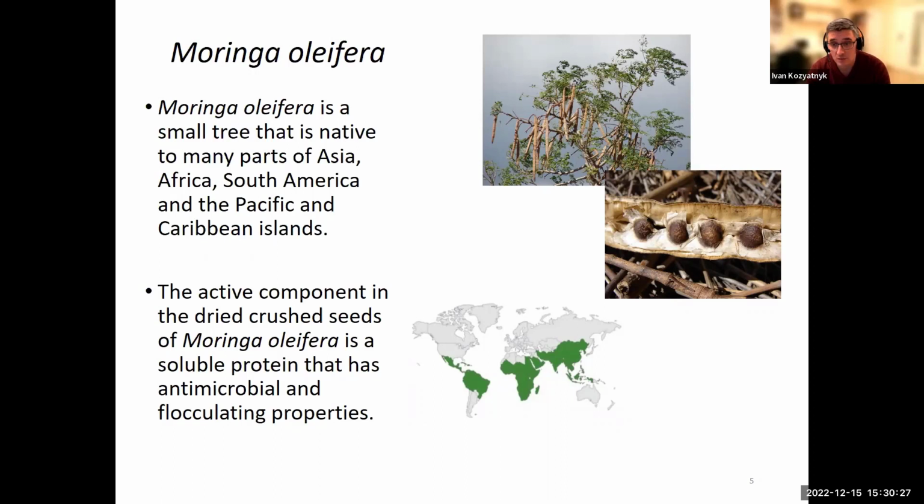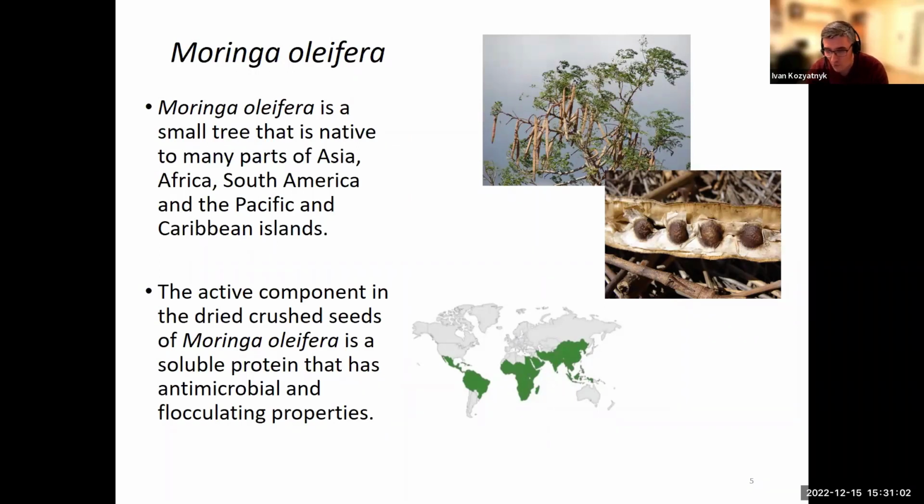And one source for this method is the tropical tree Moringa oleifera. It's a small tree that is native to many parts of Asia, Africa, South America, and the Pacific and Caribbean islands, basically the global South. I would like to tell a bit more about this tree.